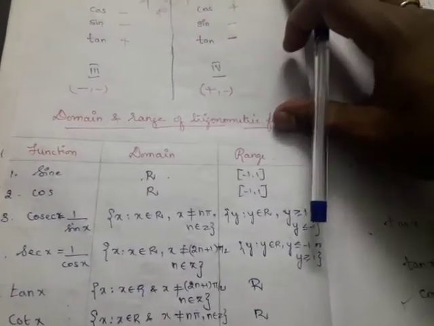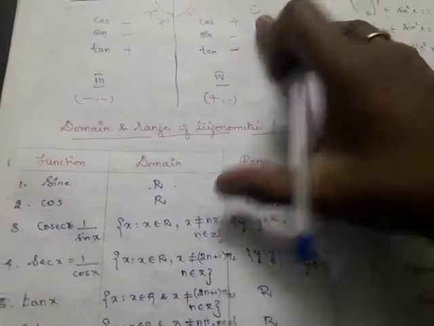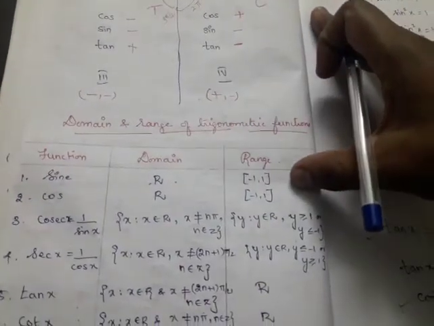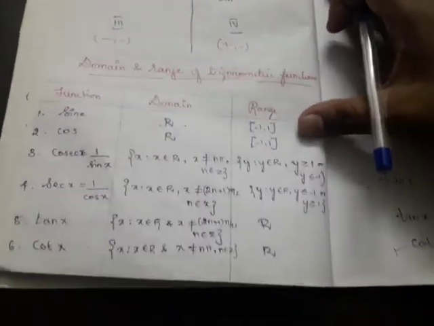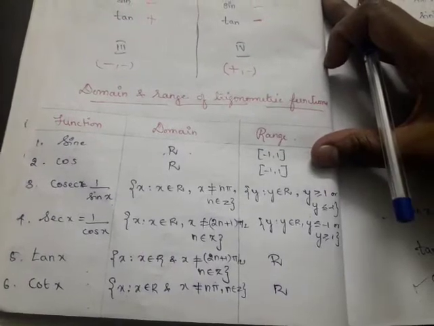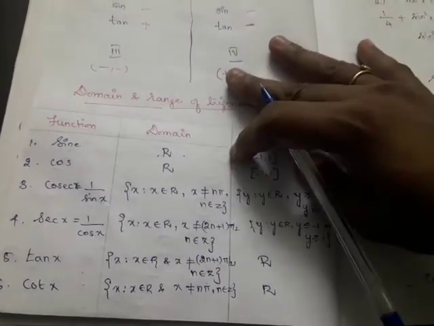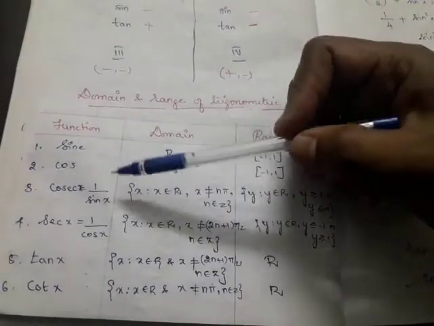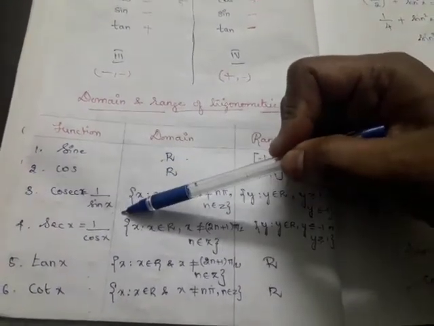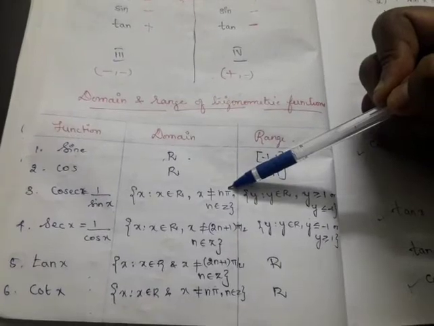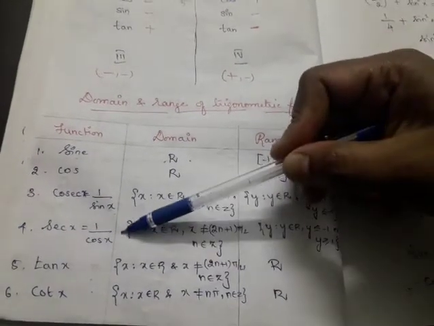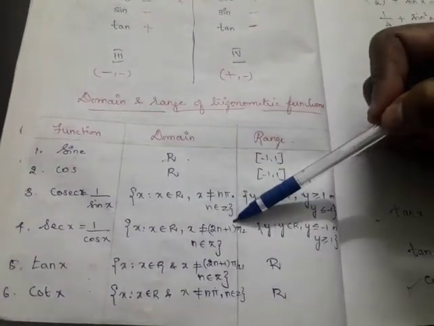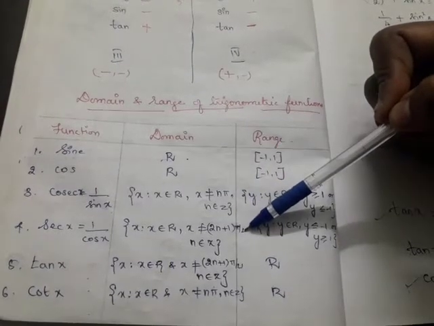And then we have learnt the domain and range of trigonometric functions. For sine and cos, the domain is the entire real number and the range is the closed interval minus 1 comma 1. And for cosec and secant, the domain will be the entire real number except, for cosec, since the denominator is sin x, x should not be equal to n pi, and for secant, since the denominator is cos x, x should not be equal to 2n plus 1 pi by 2.